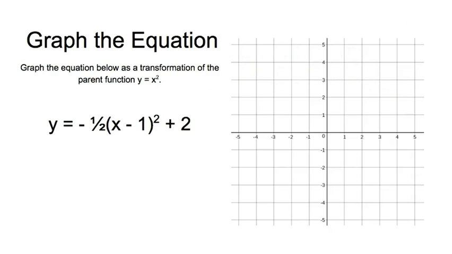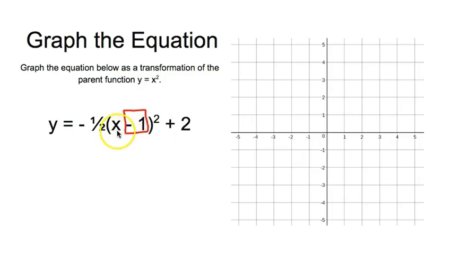So now I can take all of this and put it together. I have here an equation with a, h, and k, and I'm asked to graph it as a transformation of the parent function. For the parent function, my vertex would normally be at (0, 0), but I'm shifting that vertex around a little bit.